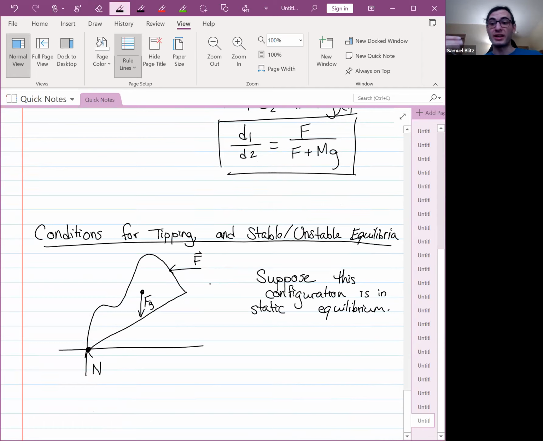So the conclusion is that when the location of an object's normal force can't move to compensate for changing forces on the object, the situation is no longer well described by static equilibrium, and hence the object would fall over.